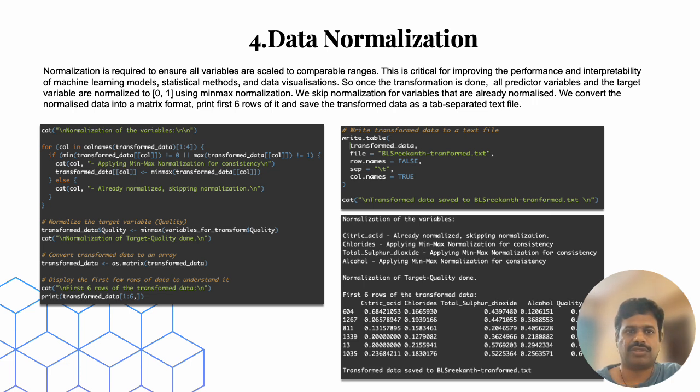After that, we save the transformed file to a text file. We skip the row numbers and save with the columns. Normalization is required because we need to ensure that all the variables are scaled to compare them appropriately.